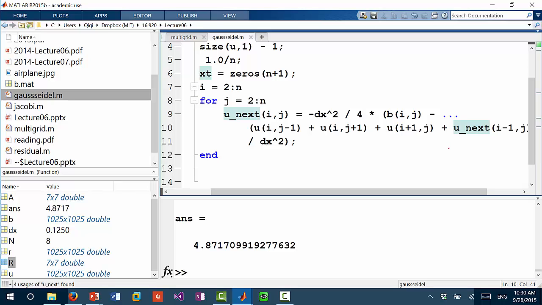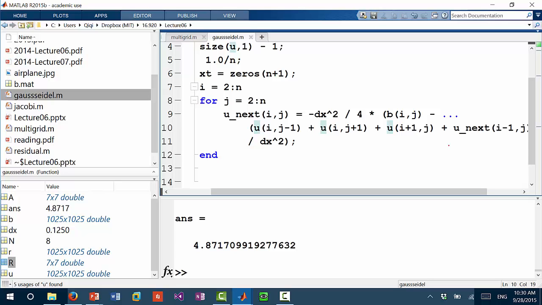Okay, let's go back. Is this term lower diagonal or upper diagonal? Upper diagonal, because i plus 1 hasn't been solved yet. So should I use U or U next? Should use U, it should be on the right hand side. It's part of big U times U to the kth. And how about this? It's also upper diagonal. It should be U k.